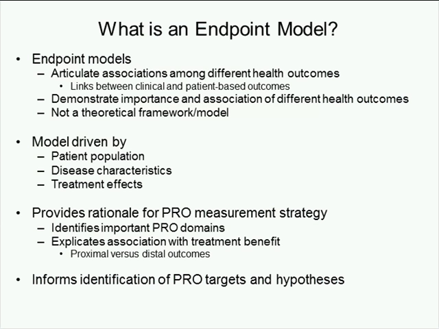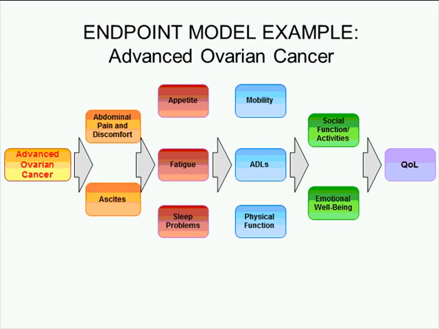The endpoint model also informs the identification of the PRO targets and hypotheses. That is, you typically find targets that are more proximal to the intervention being delivered and that are more directly logically related in a hypothesis to the effect of therapy.